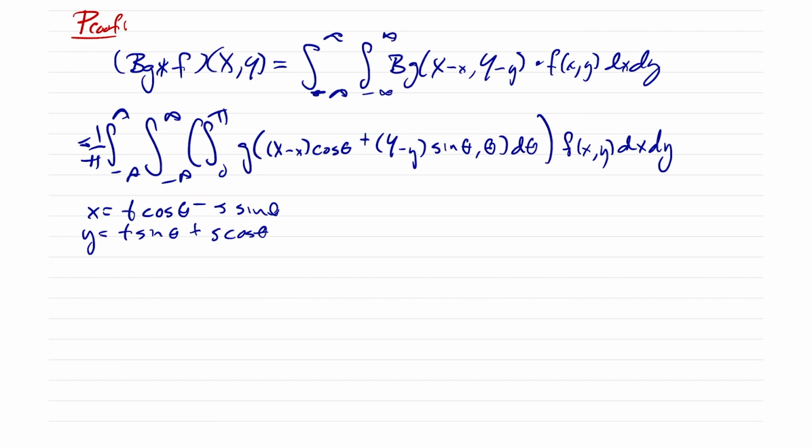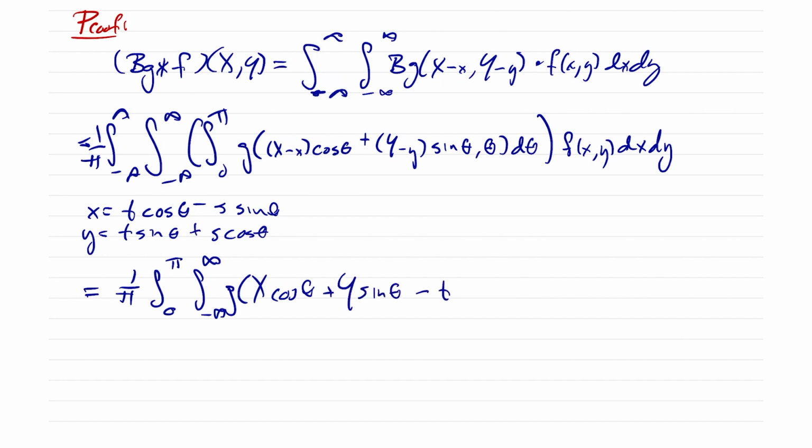Employing that, and skipping a few steps, it's 1 over pi times the integral from 0 to pi times the integral from minus infinity to infinity of g of big X cosine of theta plus big Y times sine of theta minus little t, theta, times the radon transform of f at t, theta, dt d theta.